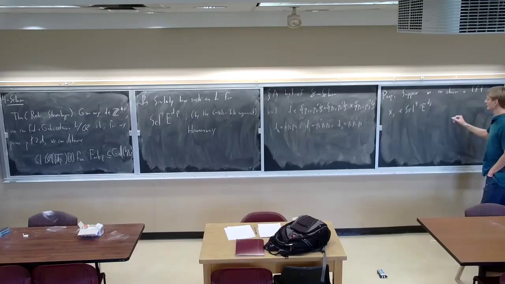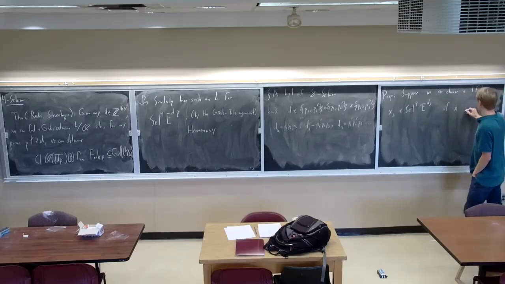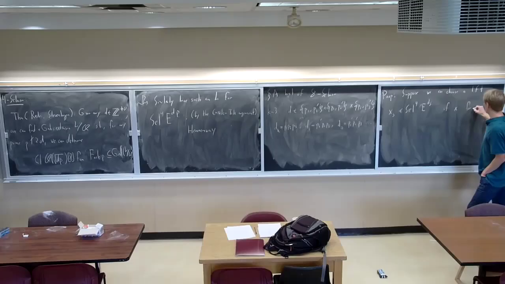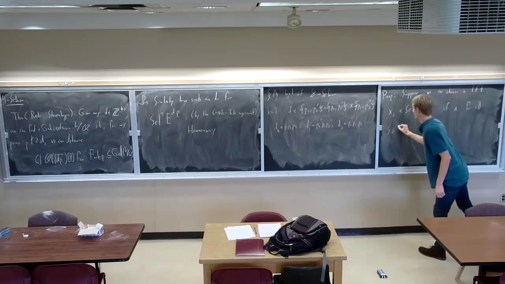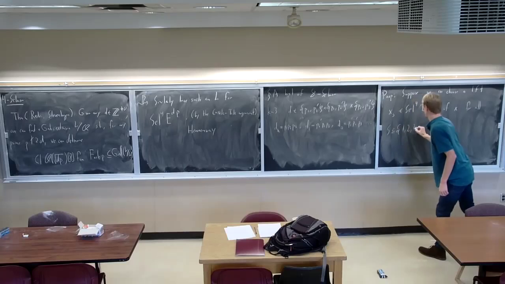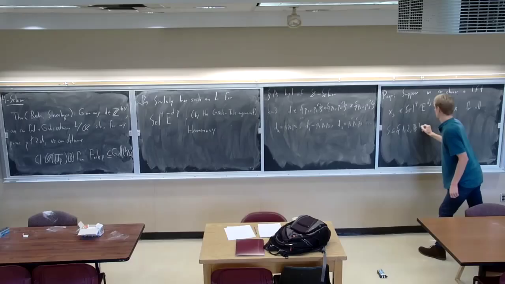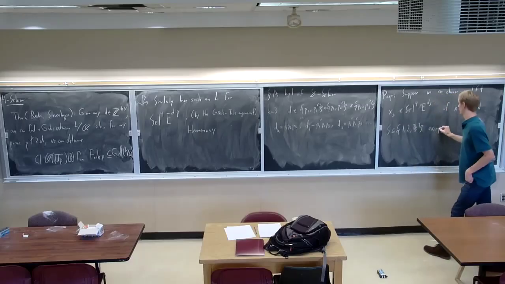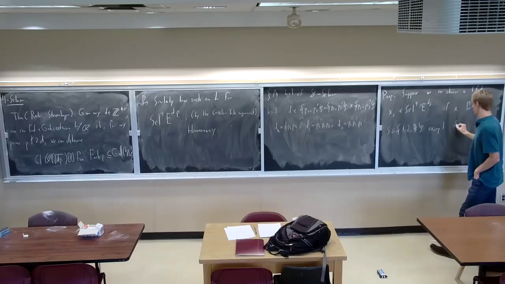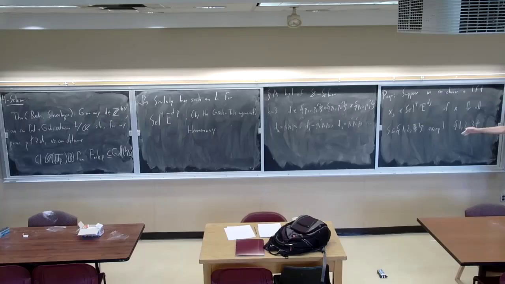Suppose we can choose a lift x_S of x, and suppose we can do this for all S, a subset of 1, 2, 3, except the case S equal to 1, 2, 3. So at 7 of the sets that we've written down, we're assuming that we can choose a lift of our 2 Selmer element x. So we have these 7 elements x_S.